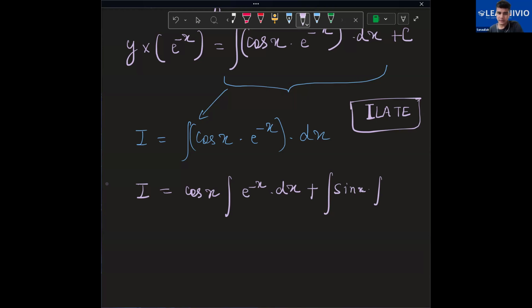Integration of the second function, again e power minus x dx, and we have one more dx for the larger integral.